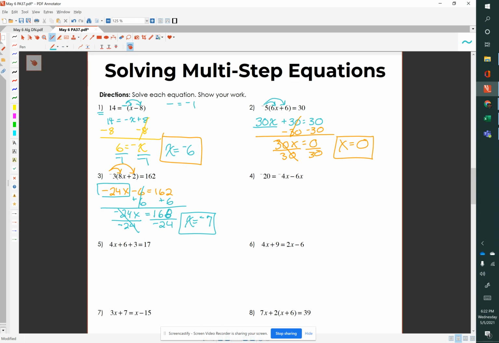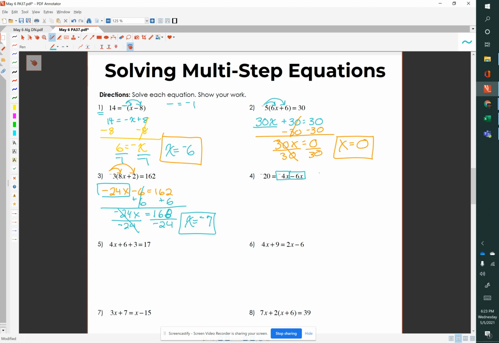Number 4, negative 20 equals negative 4x minus 6x. So we see that we have our x in this term with negative 4x. So we say, what is happening to the negative 4x? Well, 6x is being subtracted. But before we do that, we see that we have an opportunity to combine like terms.